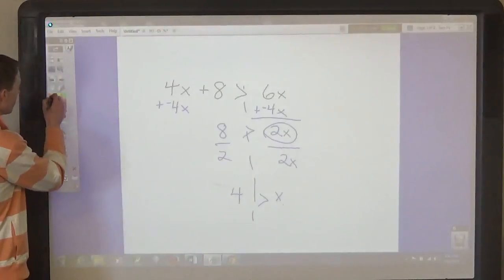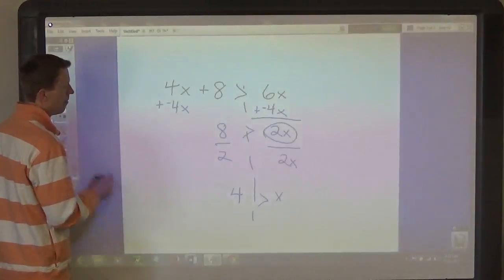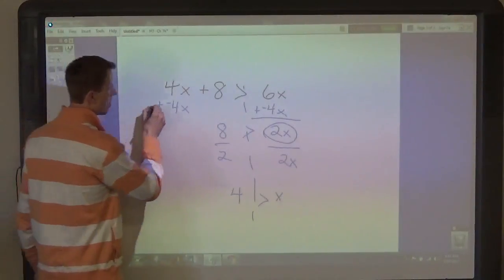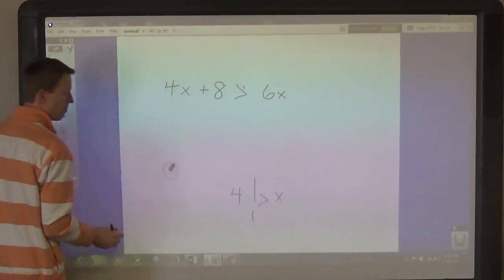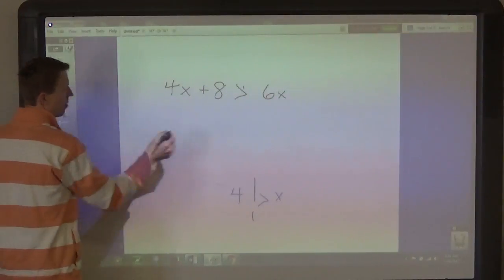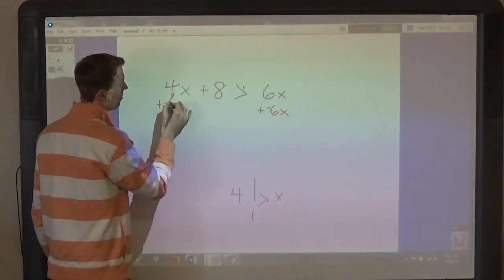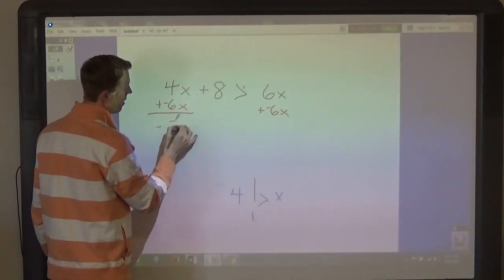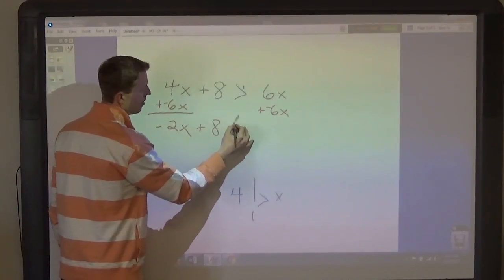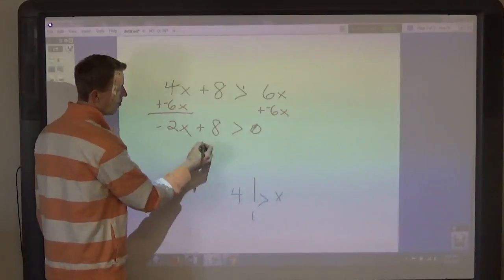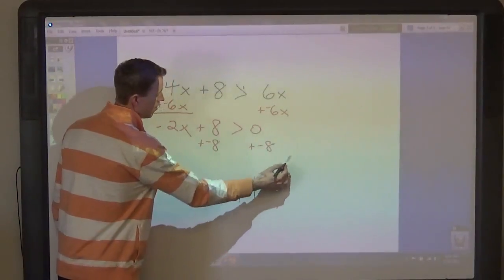But if you solve this differently, let me just erase this, and let's see if we get the same solution. If we add negative 6x, we have negative 2x plus 8 is greater than 0, but then we'd have to move this number over here.